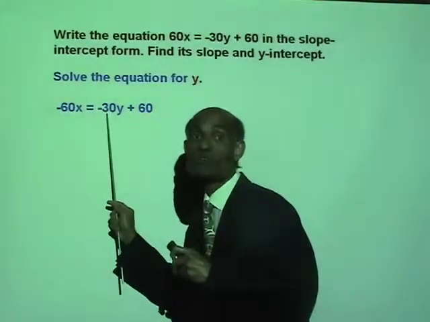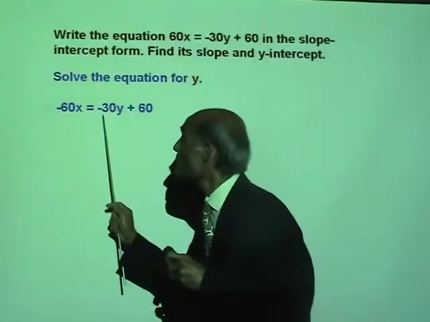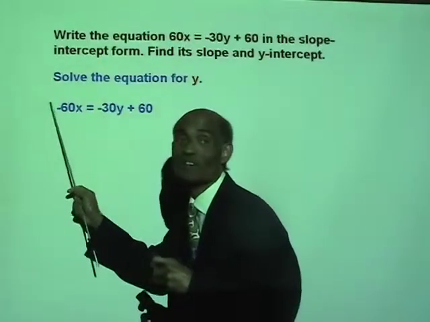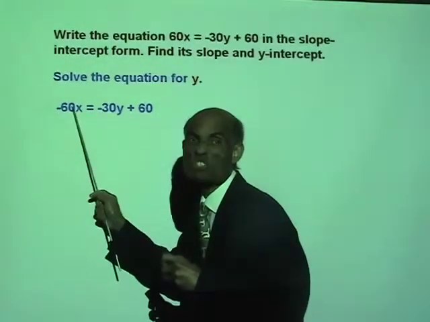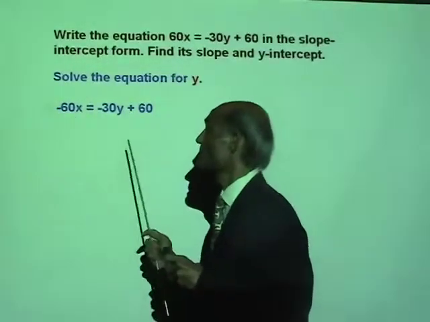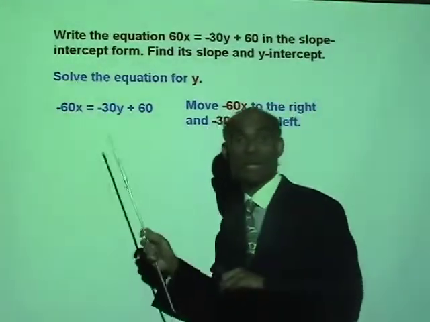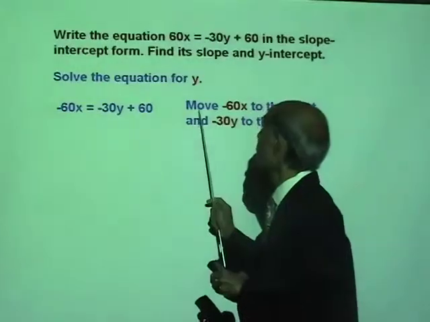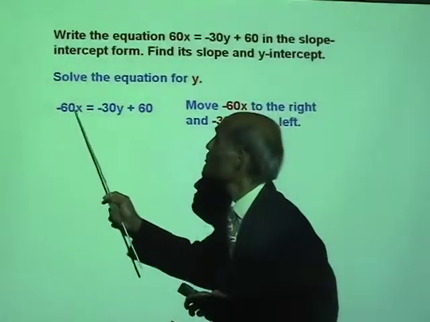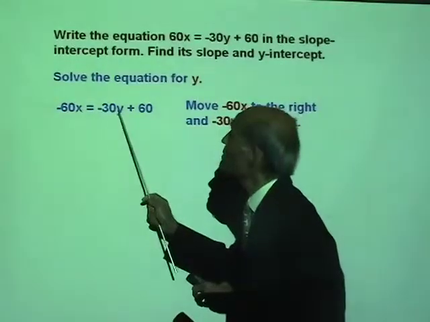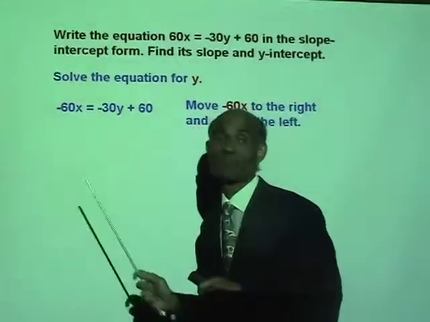So, what I will do is move the negative 30y to the left and move the 60x to the right. But actually, there is something else we can also do there. But let's first do this. Move 60x to the right and negative 30y to the left.